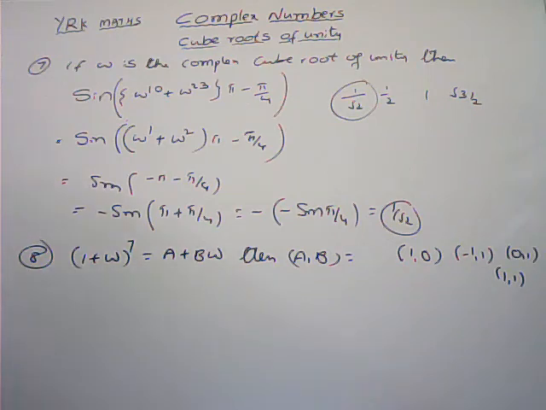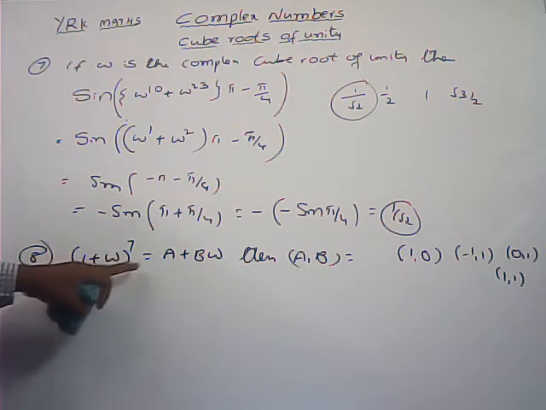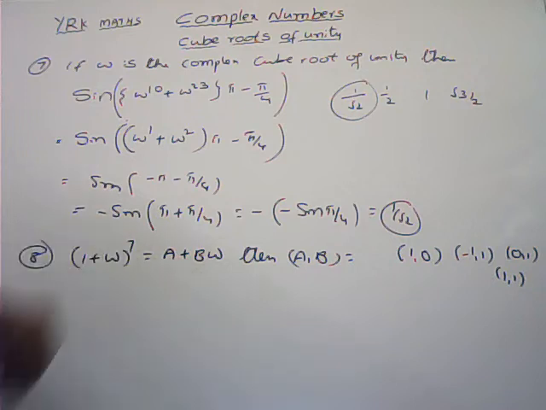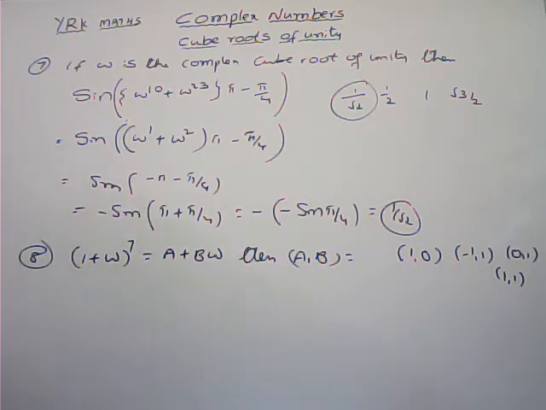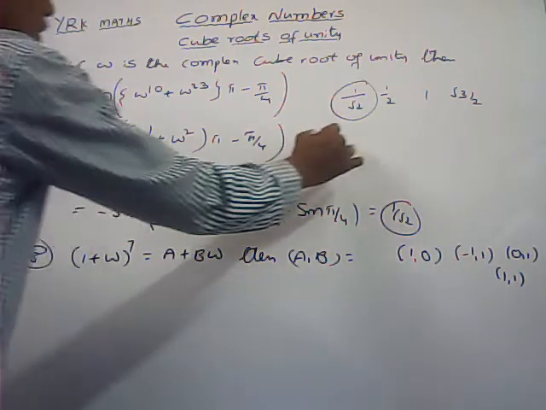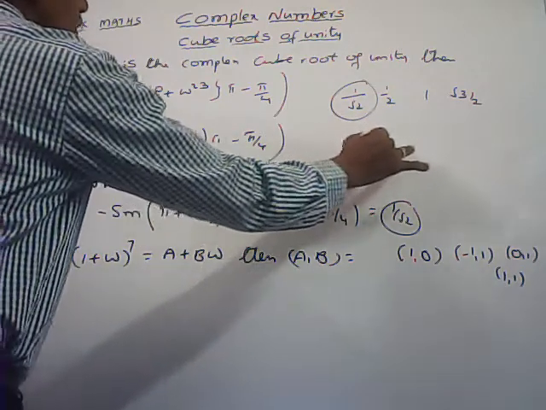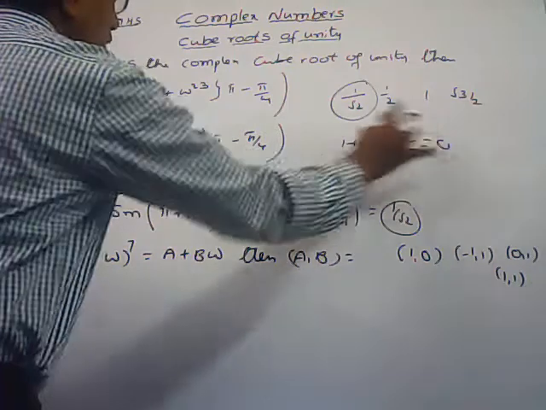And here 1 plus omega whole power 7, that is equal to a plus b omega is given. Then what are the values of a comma b? So this one also we have to express in the form of a plus b omega type. Now here you can see 1 plus omega square, that is 0.